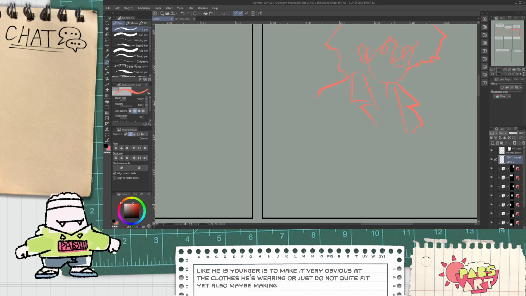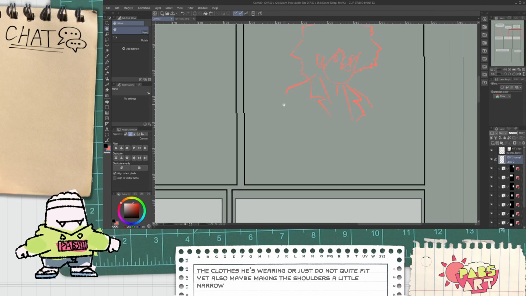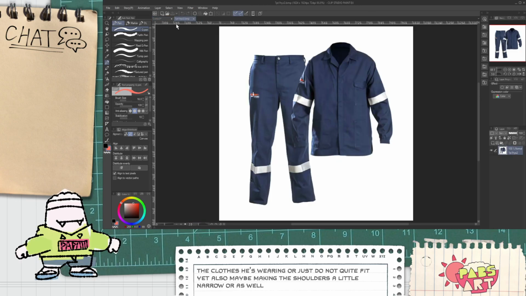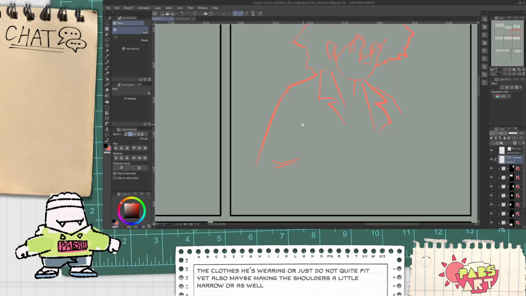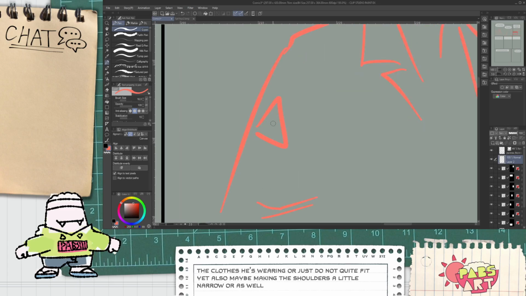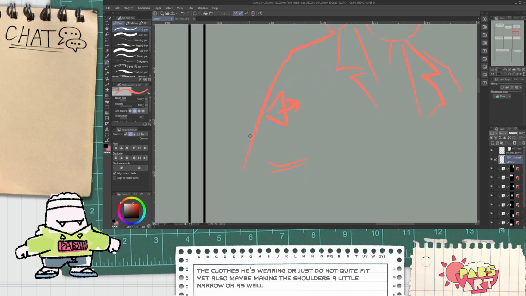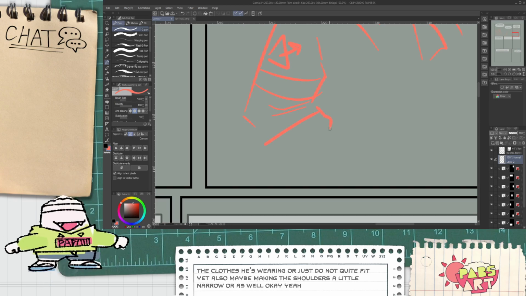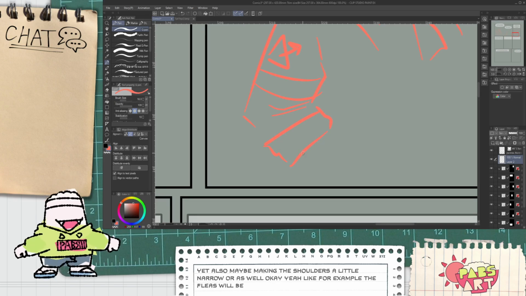Also, maybe making the shoulders a little narrower as well. Okay. Yeah, like for example, the sleeves will be rolled up a little bit here.